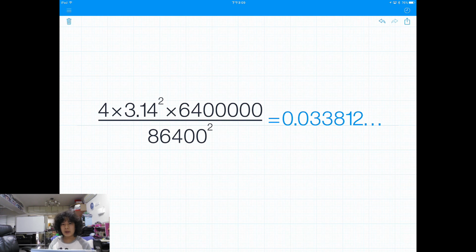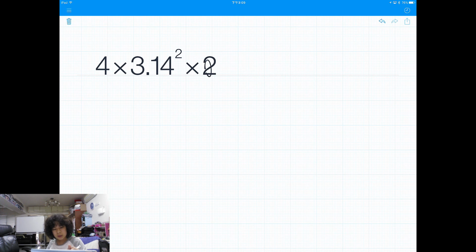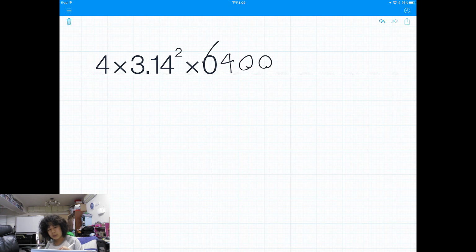Okay? And wait, so let me see. 4 pi squared R, 4 pi squared R. Yes, okay. So now let me do it again. 4 times 3.14 squared, 4 pi squared times R, which is 6,400,000.